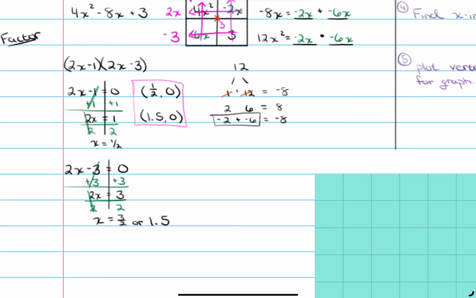Okay, those are my x-intercepts. The other way you can do this problem is you can plug them into the quadratic formula, the opposite of b plus or minus the square root of b squared minus 4ac all over 2a.